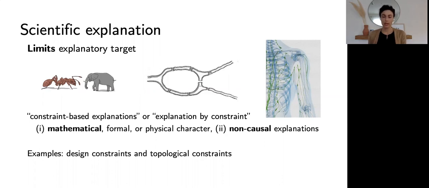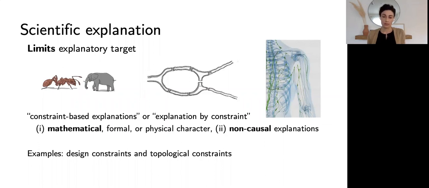On the other hand, topological constraints are mathematical features of a pre-existing system that limit the behavior that the system is able to produce. Now, what's important in part here is that both of these constraints are taken to be non-causal. They're said to derive their explanatory power from formal or mathematical relations.